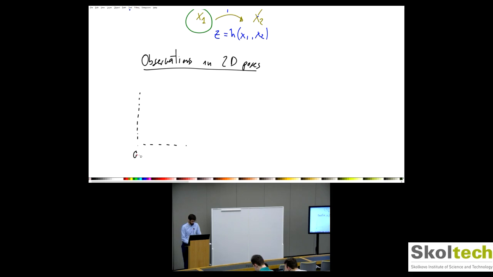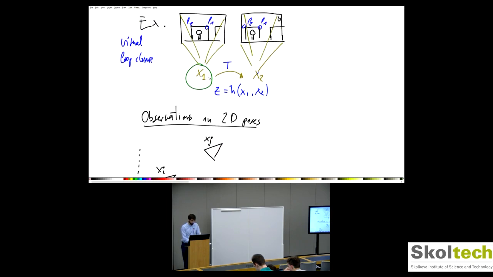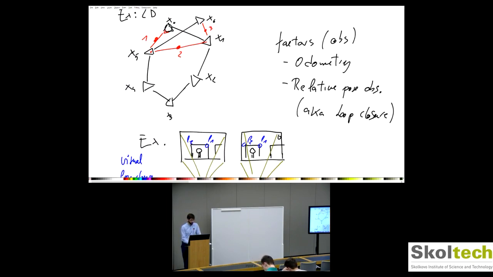We are in a global coordinate frame. Here we have the position of the i-th state variable. And then what we observe, similarly as we have proposed in this graph here, is that we are observing from one pose another pose. I'm just adding this part to the interesting part where we are observing a pair of poses.